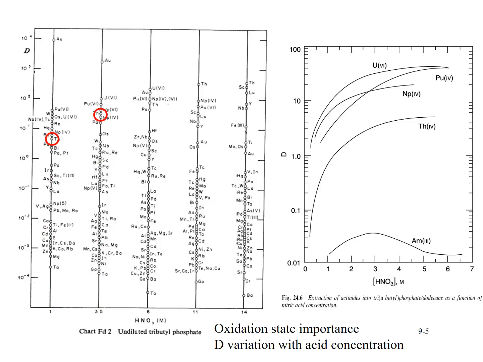And then if we look at values for thorium tetravalent, we see that it also has high distribution coefficient. Again, all the values are greater than 1, as shown here. And thorium is quite competitive with nitric acid, even extracting at relatively high values at high nitric acid concentrations.